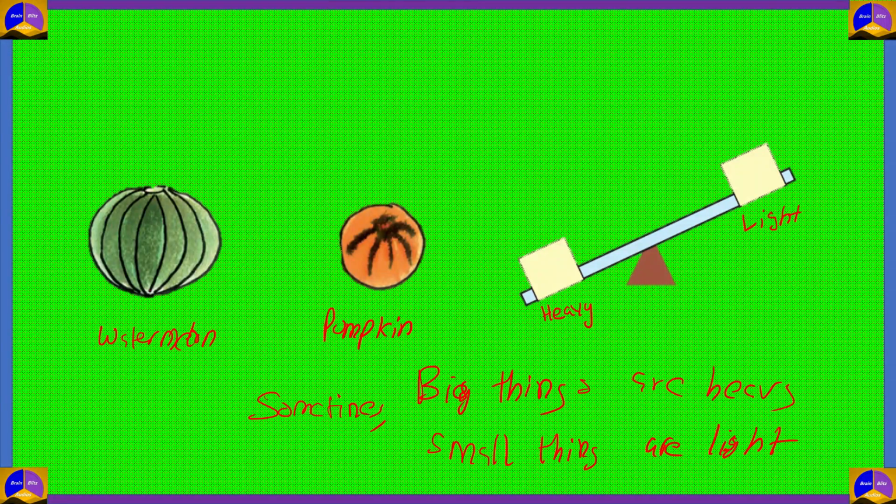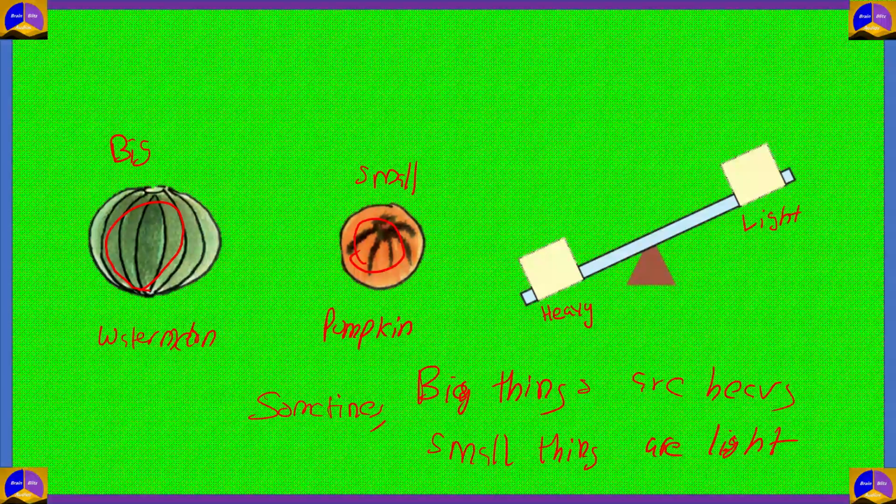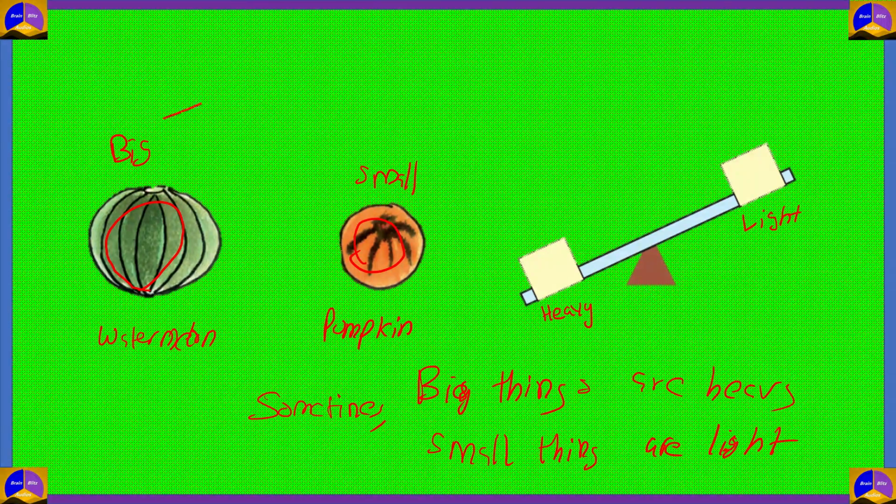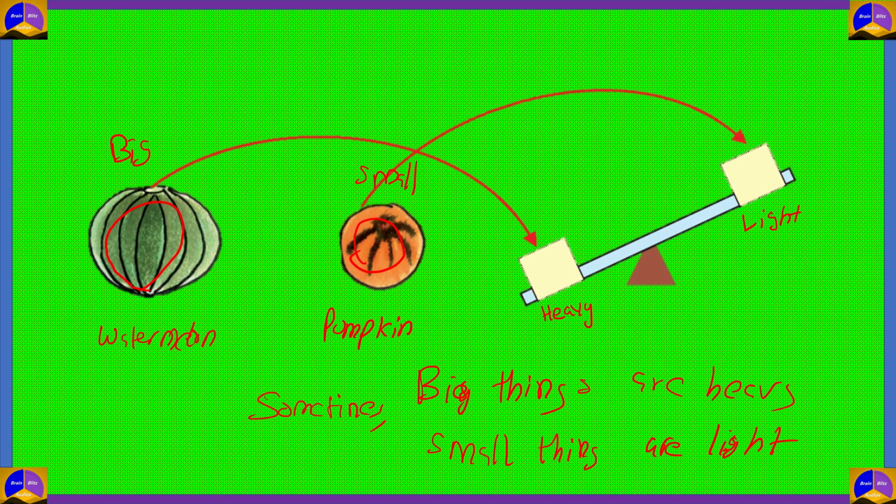Now we can see that the watermelon is big and the pumpkin is small. So that means that the watermelon is heavy and the pumpkin is light. If something is big, it means it's heavy, and if something is small, it means it's light.